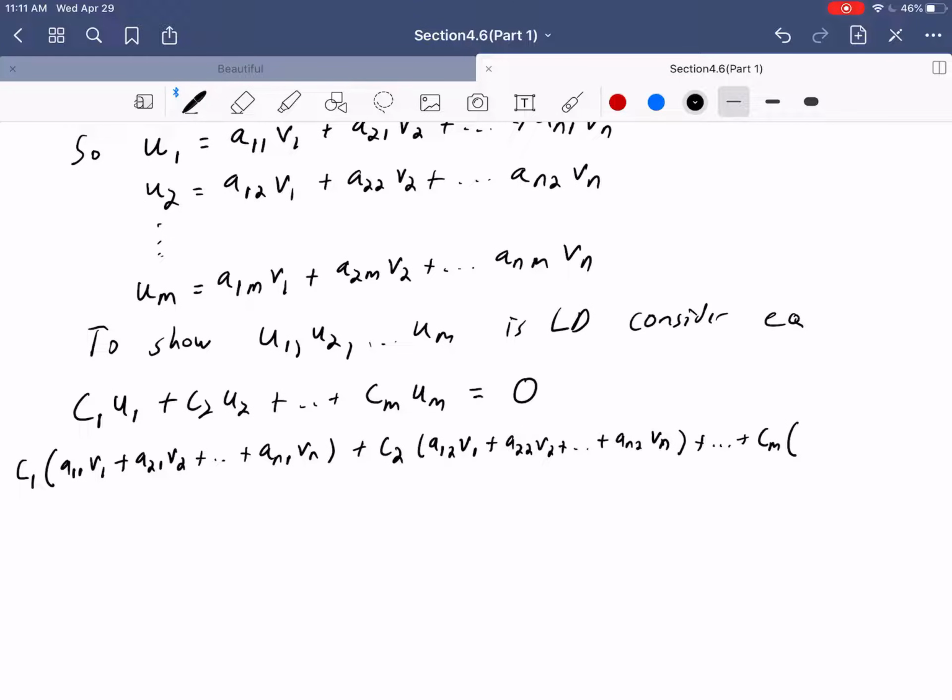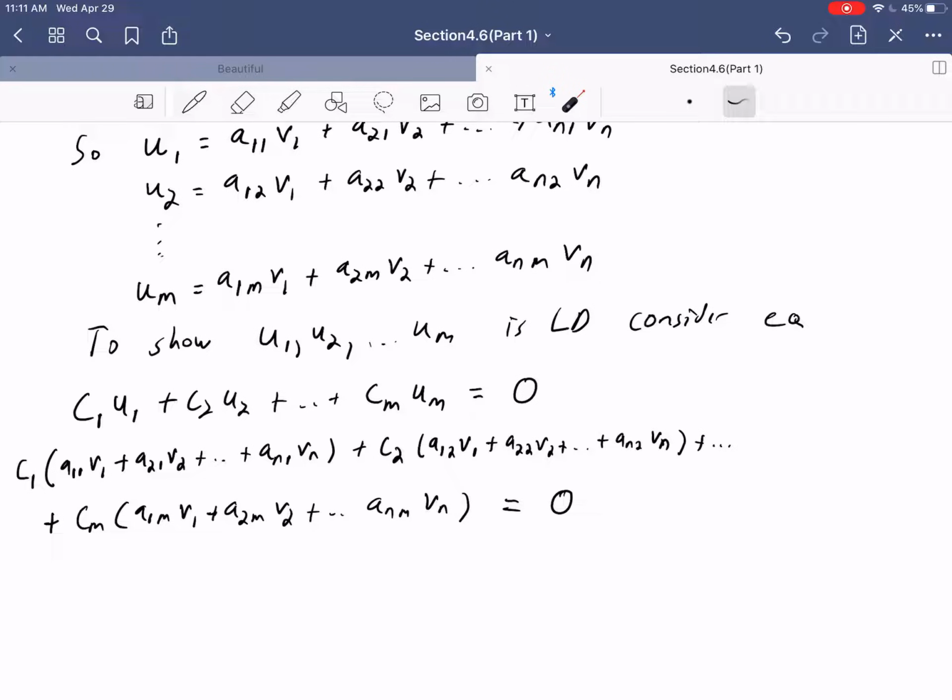We'll see if we can fit it here. It doesn't look like it, so we'll put it onto the next line. Plus dot dot dot plus cm (a1m v1 plus a2m v2 plus dot dot dot anm vn) equals 0.